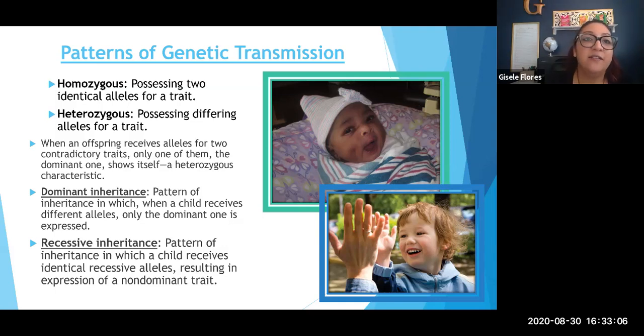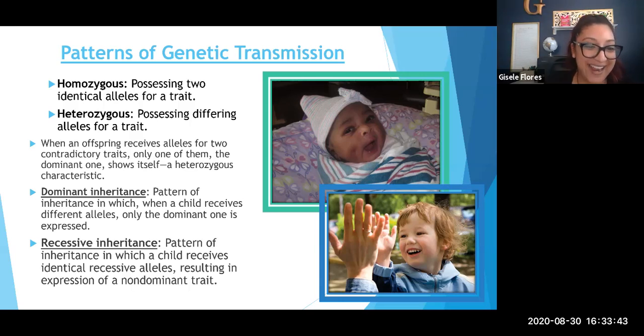Even if that child gets one dominant allele and one recessive allele from another parent who doesn't have dimples, they only need one copy of that dominant allele in order for that trait to show up. So let's say mom has dimples, dad has no dimples. Mom passes on a dominant dimple allele, dad passes on a recessive dimple allele, meaning no dimples. When that child is born, they have one dominant allele from the mother and therefore have dimples.